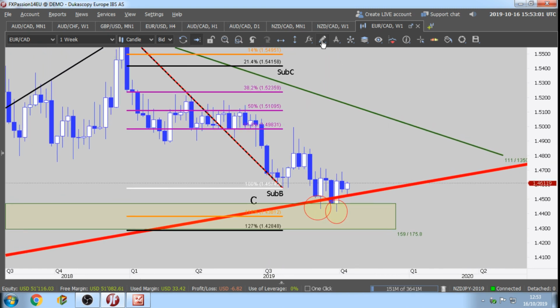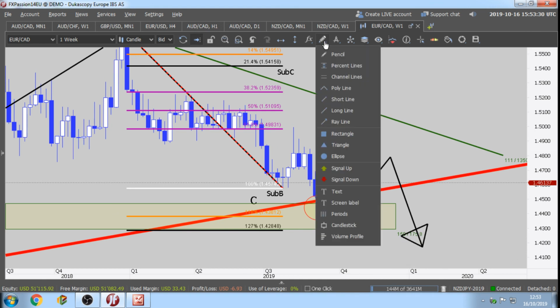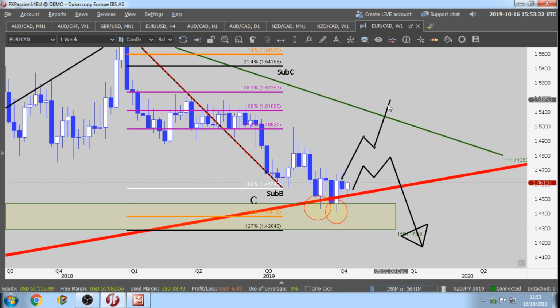And this is the reason I entered a long trade without a confirmed C and without a confirmed counter trend line break. See everybody? Now, I don't have a crystal ball. The market still can go down and crush my trade, right? Or the market can go up. It's up to you, everybody.